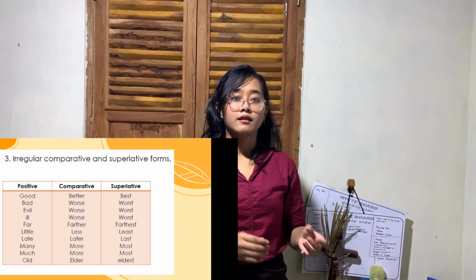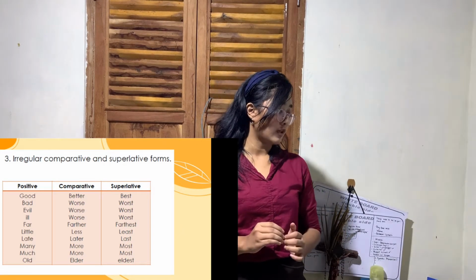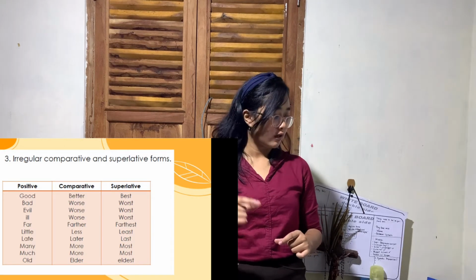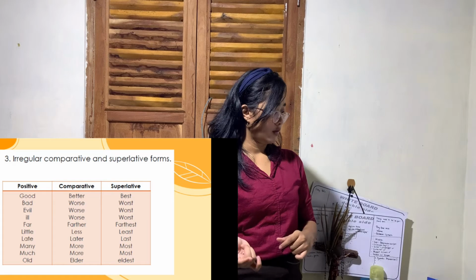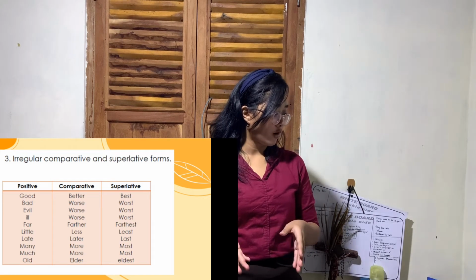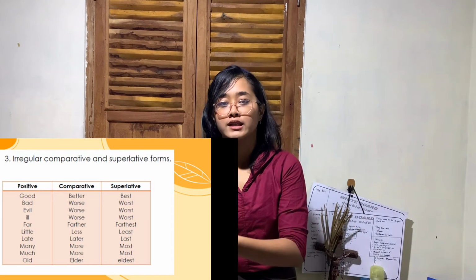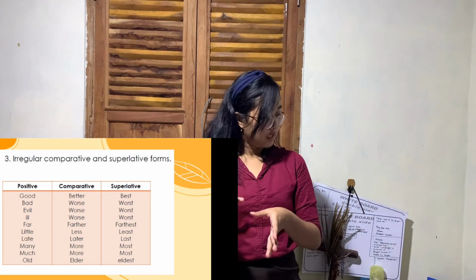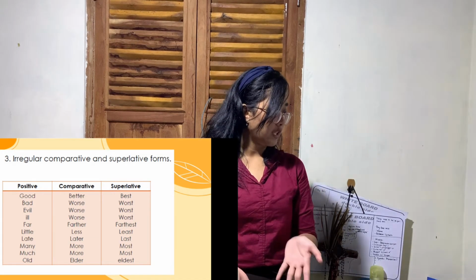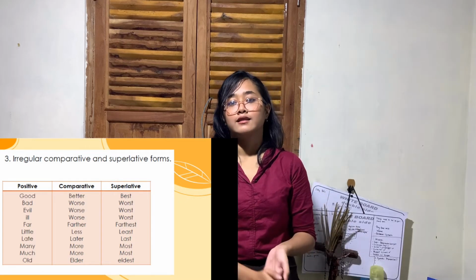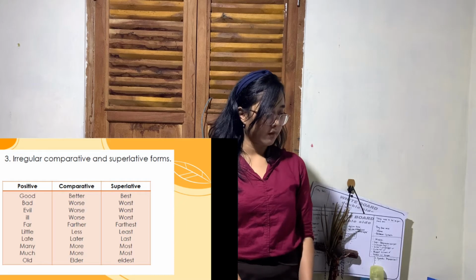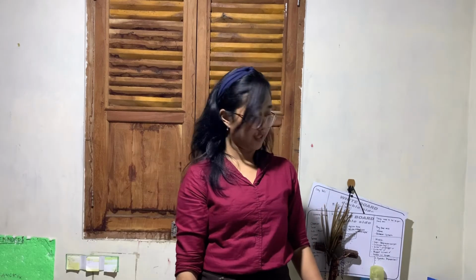Same with bad, like the second example in the slides. Bad becomes worse and worst. Okay, far becomes further and farthest, like that. Little becomes less and least, later and last. And the other example, old becomes elder and eldest, like that.